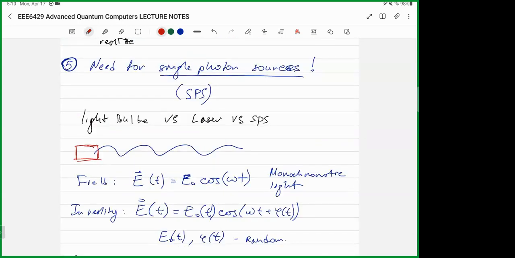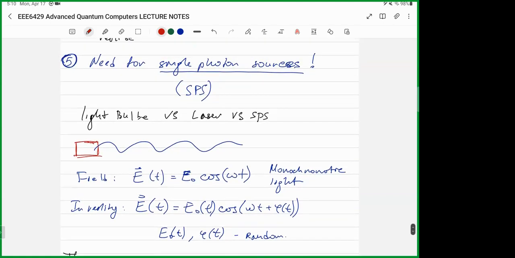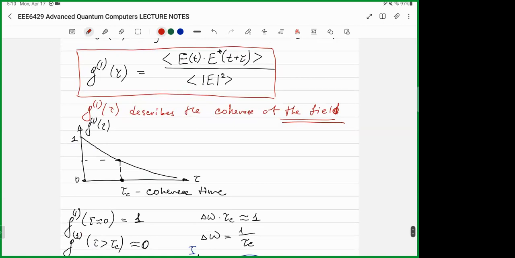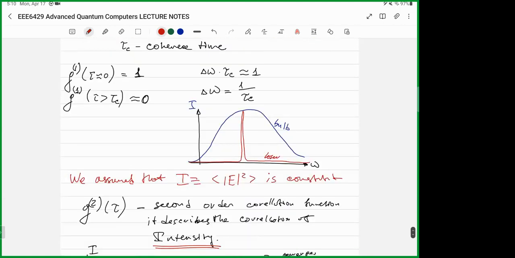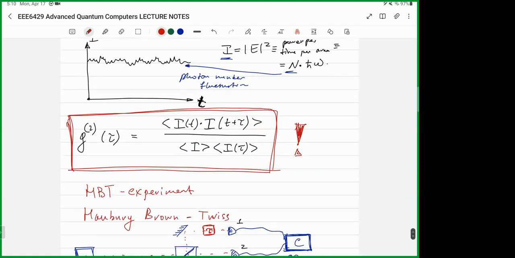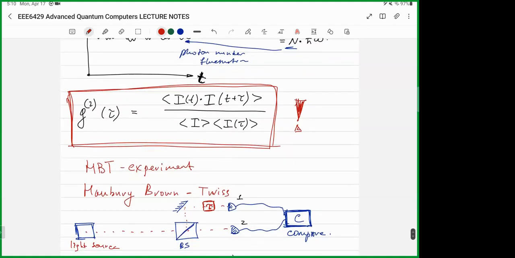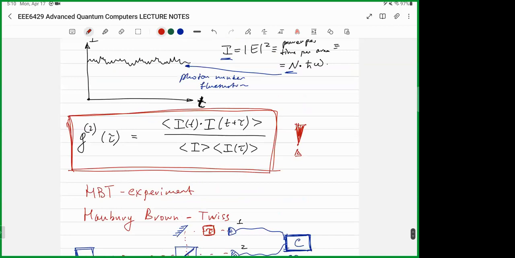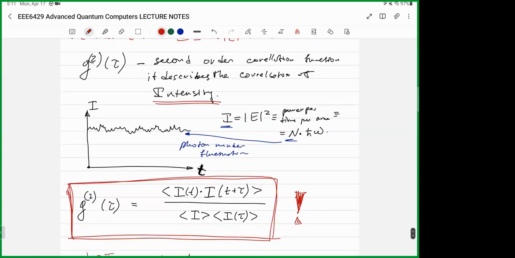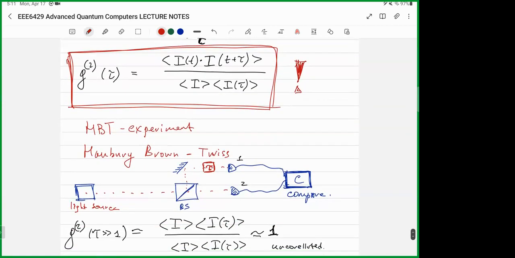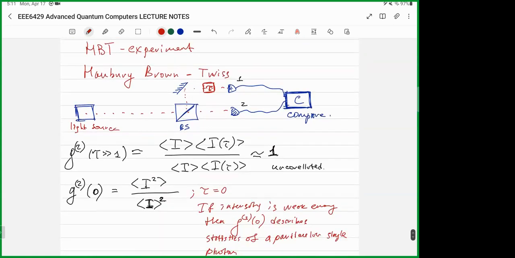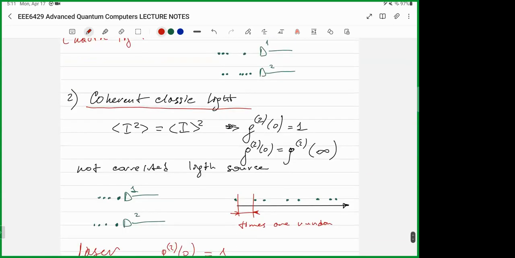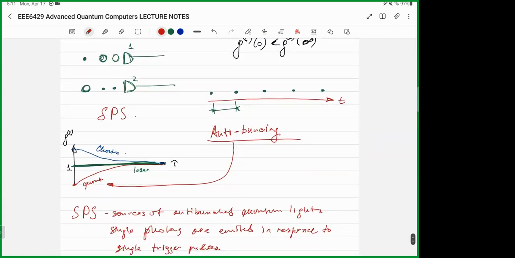We discussed the concept of single photon sources and the difference between a light bulb, a laser, and a single photon source, and the concepts of coherence, g2, g1, bunching and anti-bunching effects.